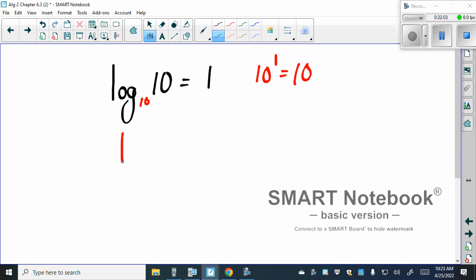The other one we have is ln of e. ln of e, what's the base with natural logs? E. So we have ln base e of e, which is 1, because ln of e is 1.